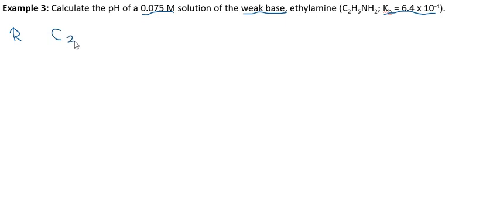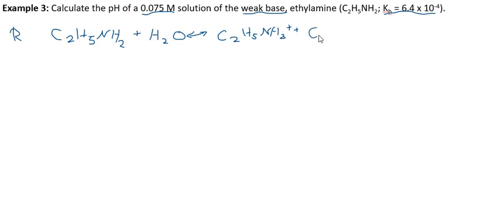So C2H5NH2 reacts with water to form C2H5NH3 plus plus OH minus. The reason I cannot use a simplified dissociation equation is because there is no way to show this producing hydroxide without reacting it with water. There's simply no source of hydroxide inherently within this compound.